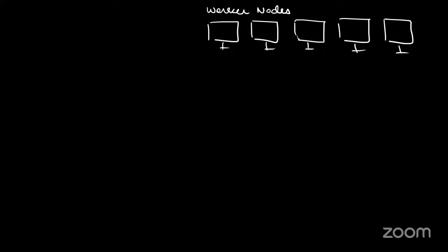Whereas you will have another machine over here that is going to orchestrate the entire data processing. It is going to manage the data and the code that you're going to write. All of this will be managed over here in the driver node.